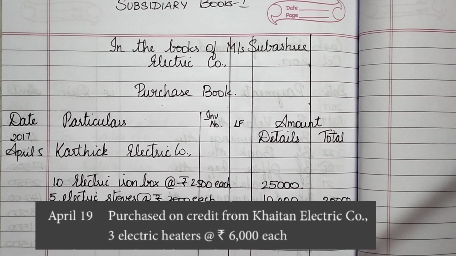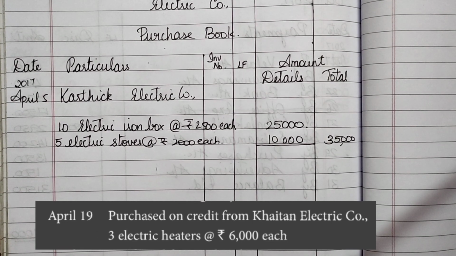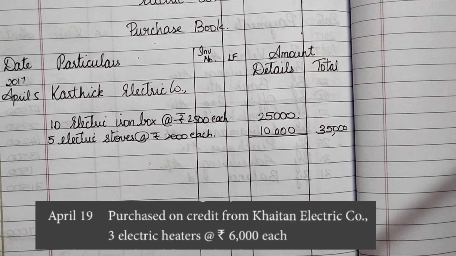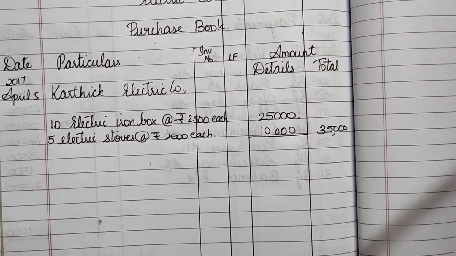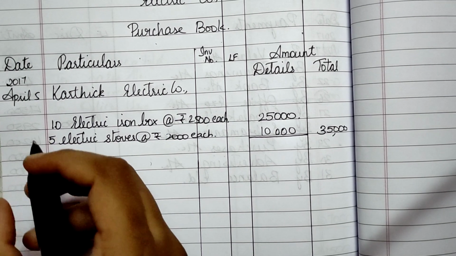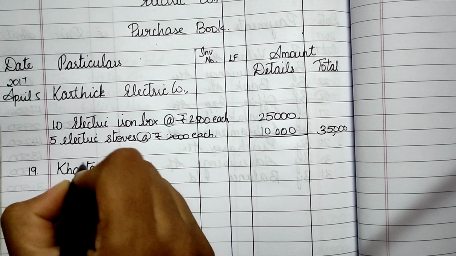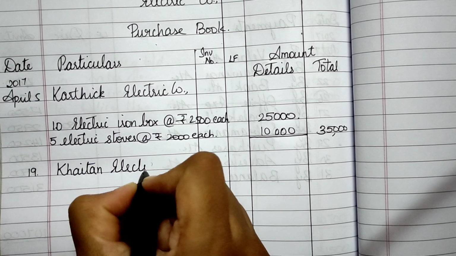Next, on April 19th, purchased on credit from Kaitan Electric Company. First, it's a credit transaction. What they have purchased is electric heaters, so they are goods which we are going to deal with. Write the date 19, write the name of the company, Kaitan Electric Company.